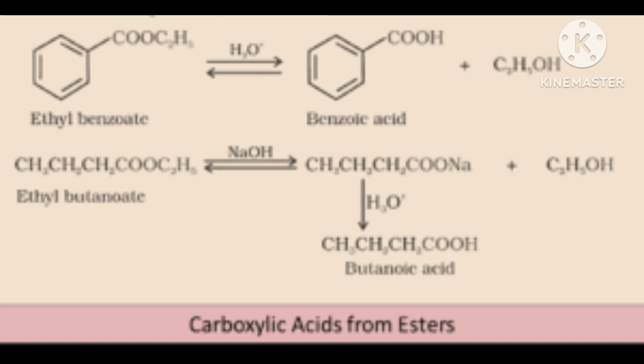How, I am telling you now. This will happen in the presence of KMnO4. The oxidizing agent is KMnO4 in the presence of H2SO4, and you have to heat it also. With this the reaction will take place and the double bond will break.